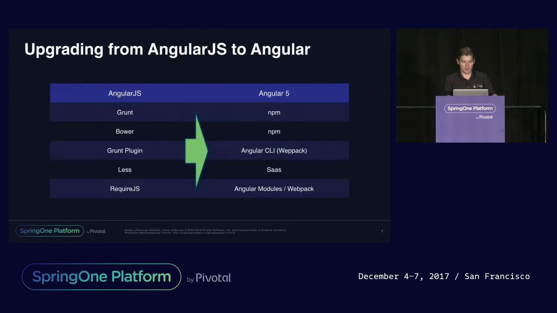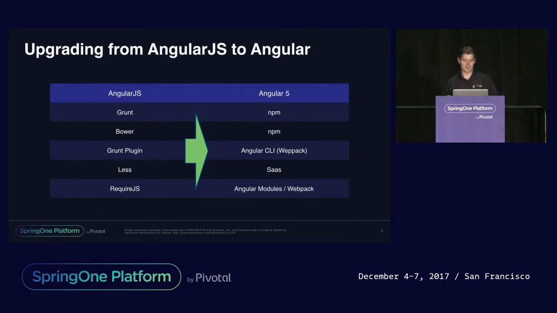So when we upgrade over to Angular 2, 4 or 5, the pathway looks like everybody standardized pretty much on NPM as your build tool, and then Webpack underneath. So Grunt and Bower transfer over to NPM. The Grunt plugins, in our case, are taken over by Angular CLI, which underneath uses Webpack.